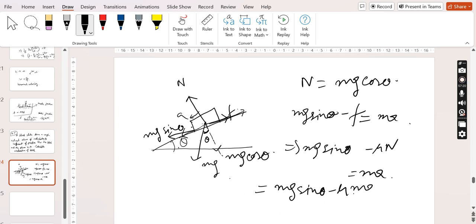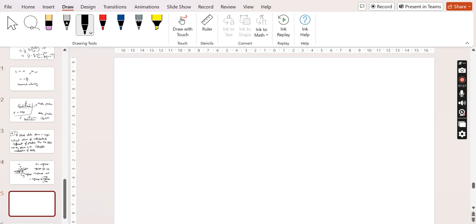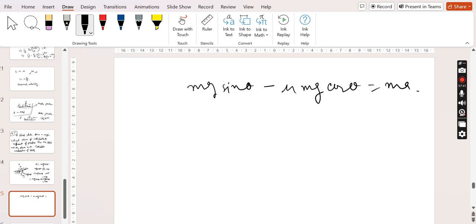N is equal to mg cos theta, which is equal to ma. So basically the equation is now mg sin theta minus mu mg cos theta is equal to ma. So we need to know the acceleration.